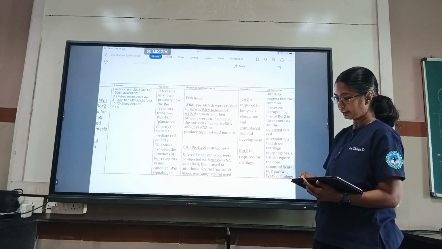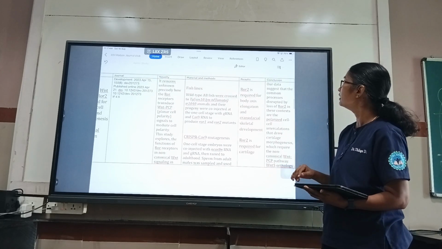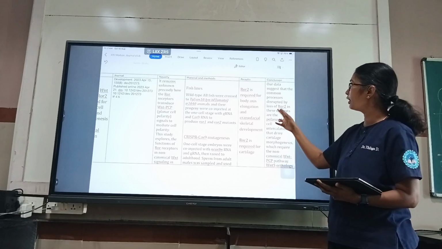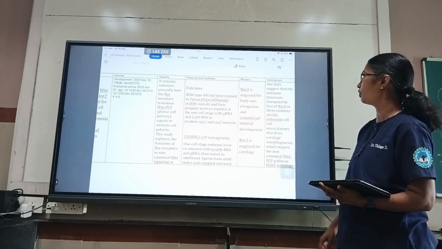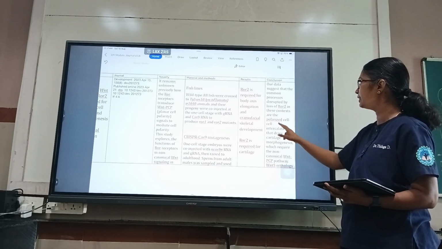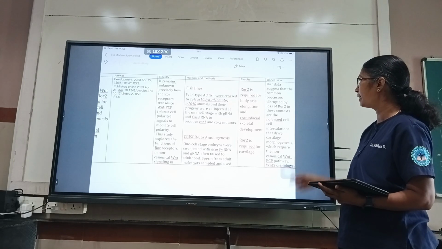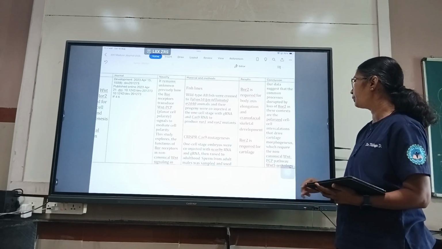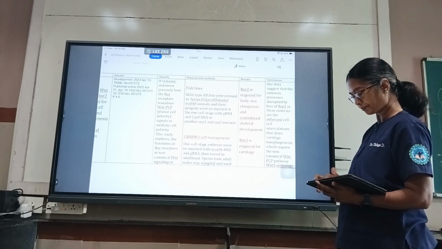So in conclusion, the data suggested that the common processes disrupted by loss of ROR2 in these contexts are the polarizing cell-to-cell intercalations that drive cartilage morphogenesis, which require the non-canonical WNT PCP pathway.